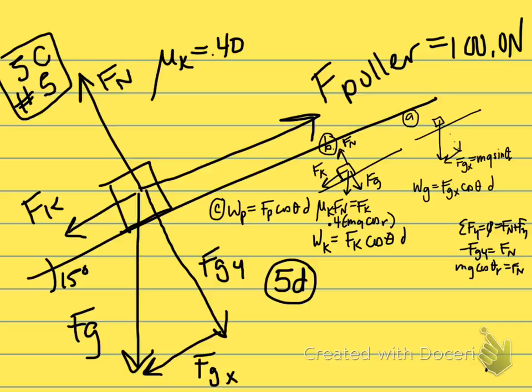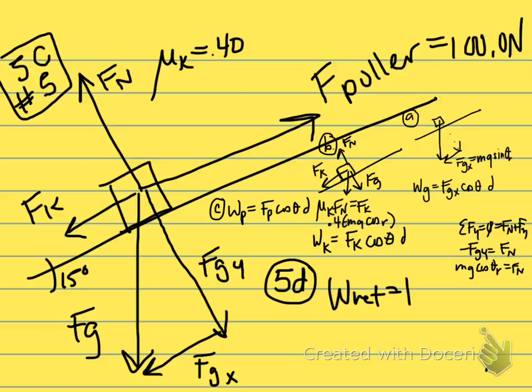So this asks for the net work, and there are two ways to do that. One is you can find the net force, and you know how to do net force in your sleep at this point. Hey, it's all going to be on the x-axis. Sum of forces on the x is going to equal net force, and I've got force of the pull up the ramp plus force of gravity down the ramp plus force of kinetic friction down the ramp. I have my net force.